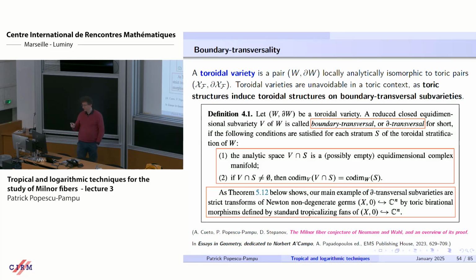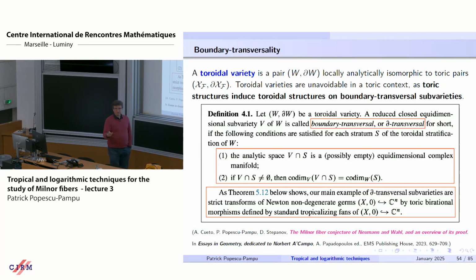And what is said here at the end is that our main example in this context of boundary transversal subvarieties are strict transforms of Newton non-degenerate germs by toric birational morphisms defined by standard tropicalizing fans.